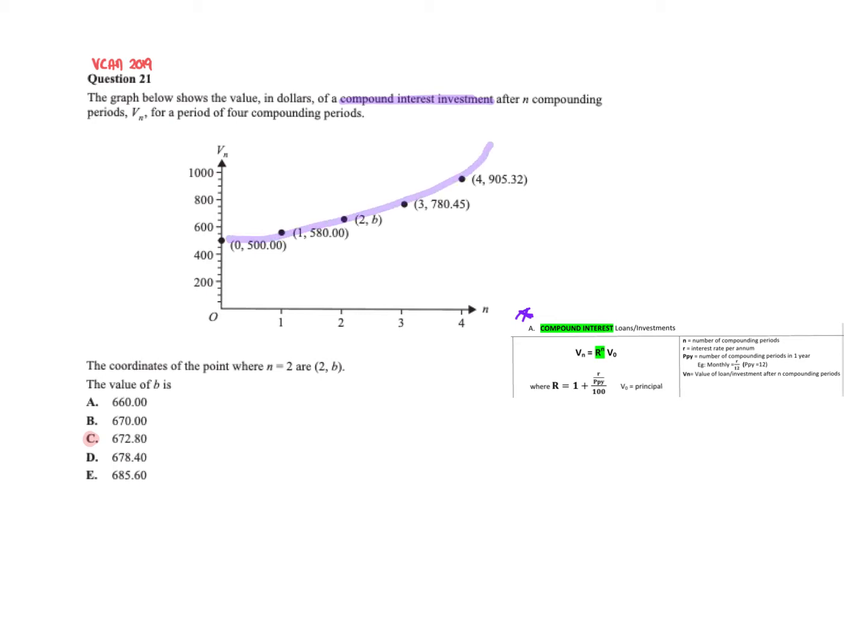It's got the coordinates where n equals 2, up here, and they want you to find B. So B is the value of the investment at 2 time periods, yeah? So we've got that.